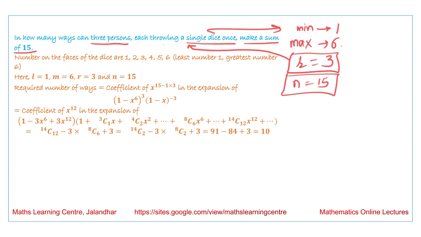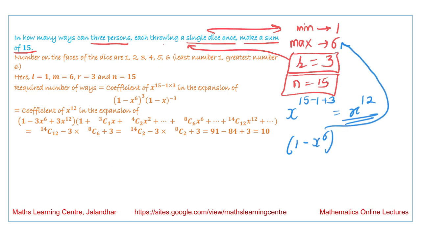So applying this formula, we are interested in the coefficient of x raised to the power 15 minus 1 into 3, that is x raised to the power 12, in the expansion of (1 minus x raised to the power 6, the minimum value we are saying) into (1 minus x) raised to the power minus 3.